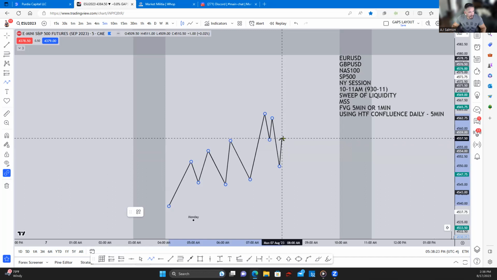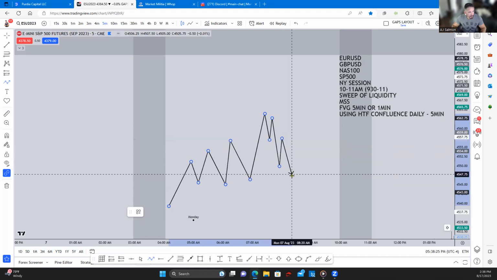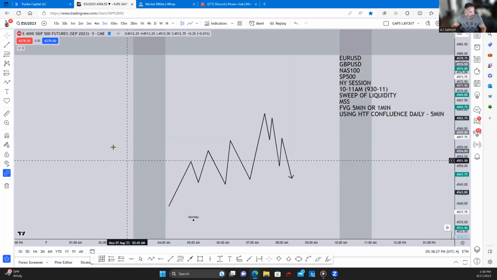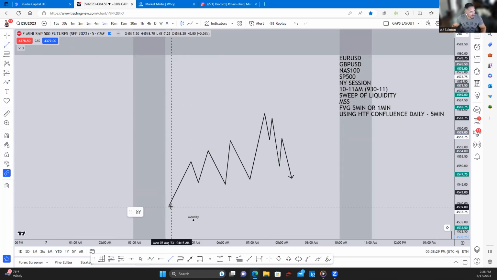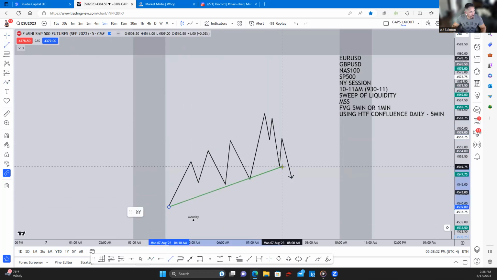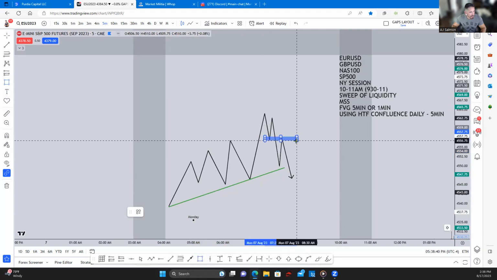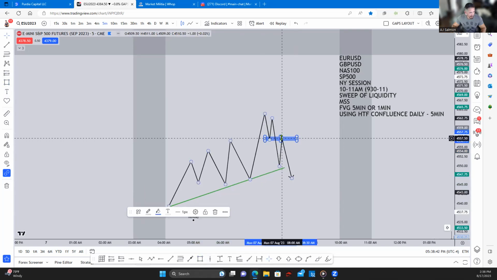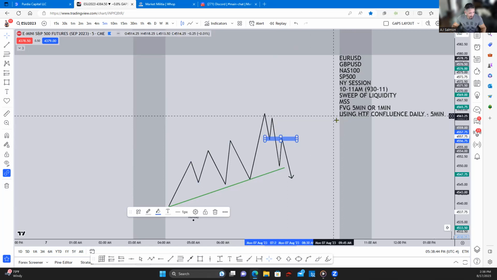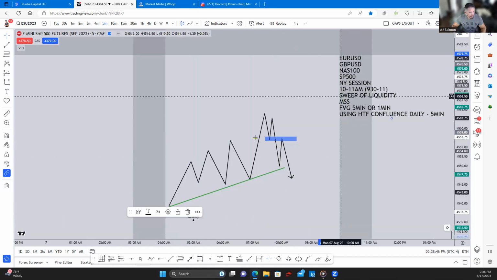We're going to enter on that fair value gap, and we're going to target 5 points or a sell side liquidity beneath. This being all of our liquidity built up, right? So there's lots of buy stops here. So our fair value gap should be in this displacement leg here. Entry stops will be 5 points.